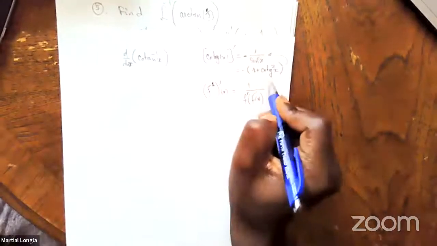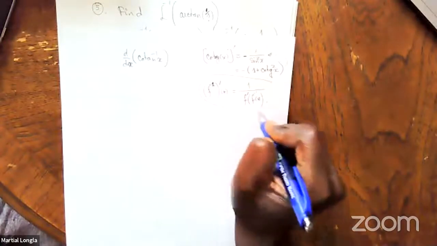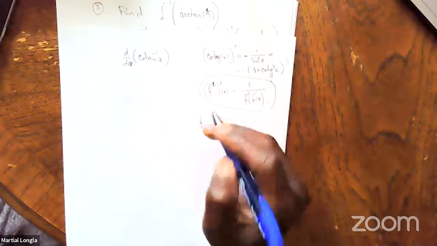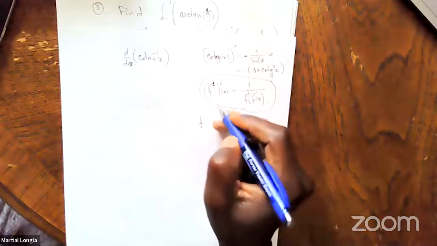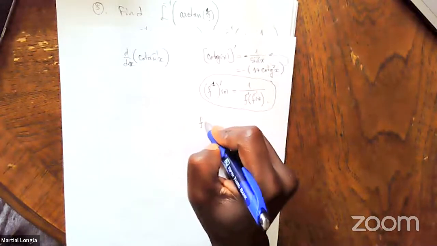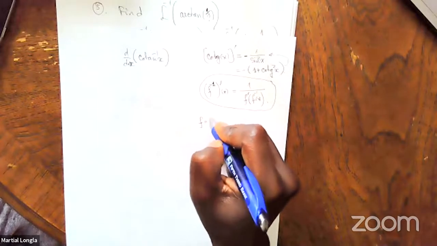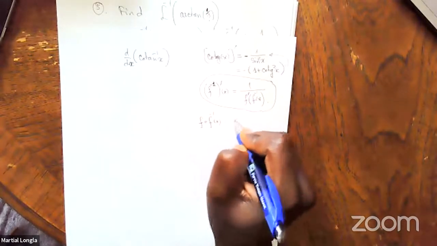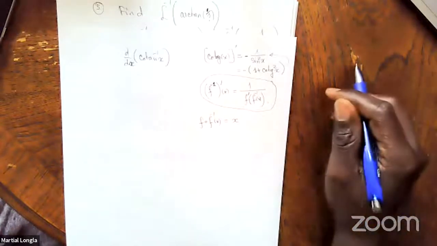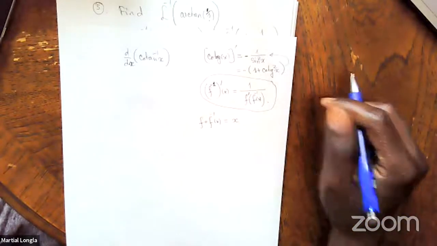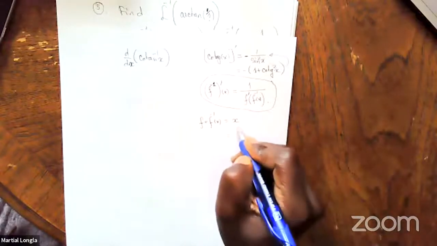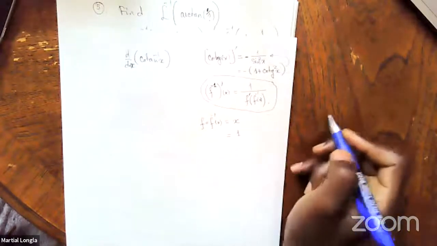That comes from the chain rule. This formula comes from the chain rule because the inverse function is defined as the function such that f composed with f minus 1 of x equals x. That's the definition of the inverse function. And if you take the derivative on both sides, the derivative of x is 1.